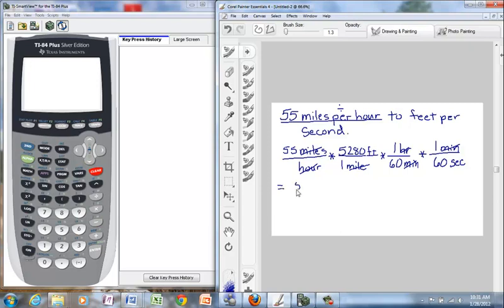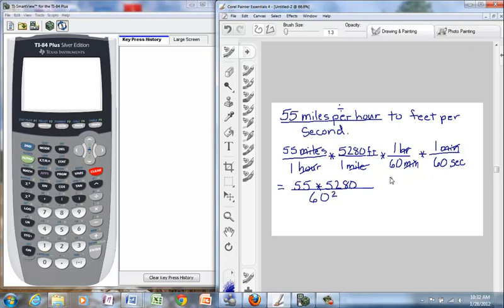So here's my arithmetic. 55 times 5,280 times 1 times 1 over, this is 1 hour, we need a number in the denominator, times 1 times 60 times 60. So I'm going to write that 60 squared.